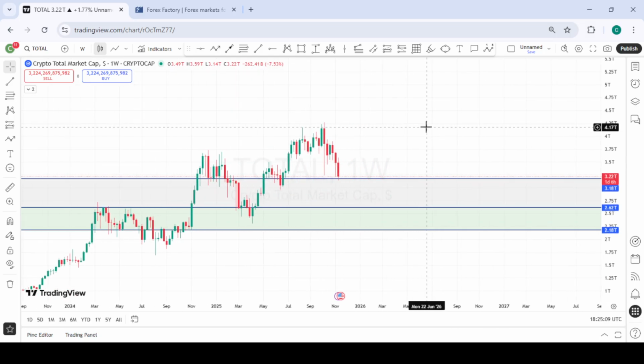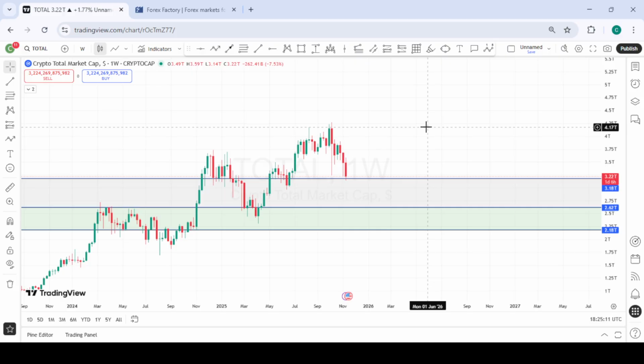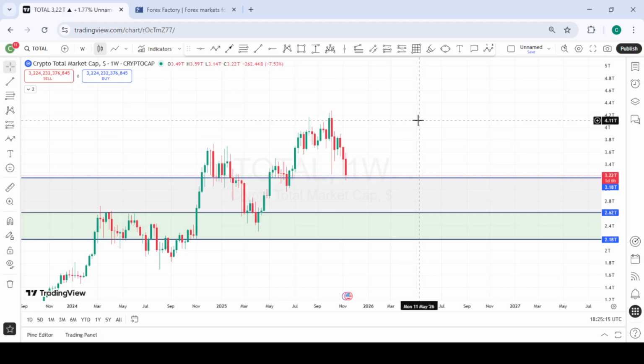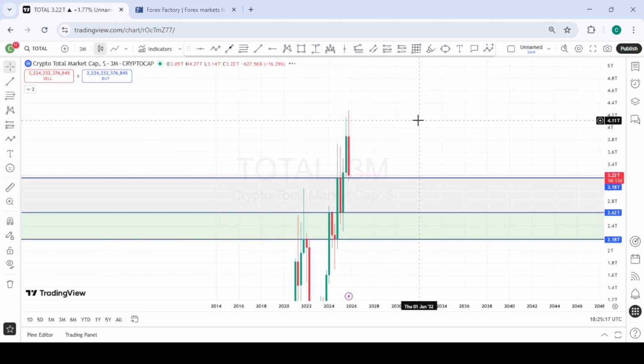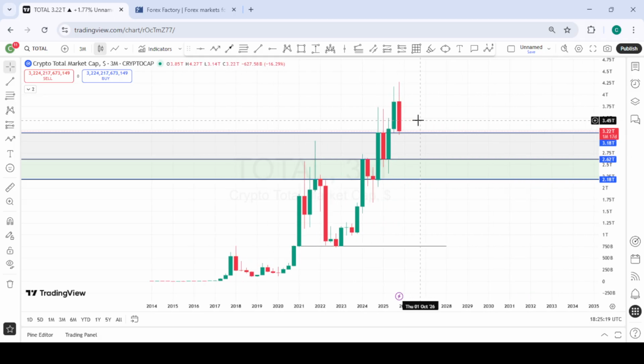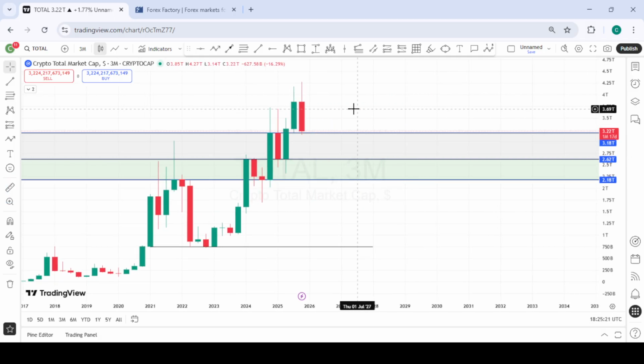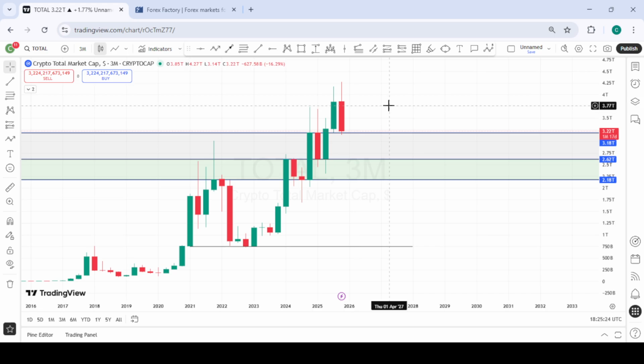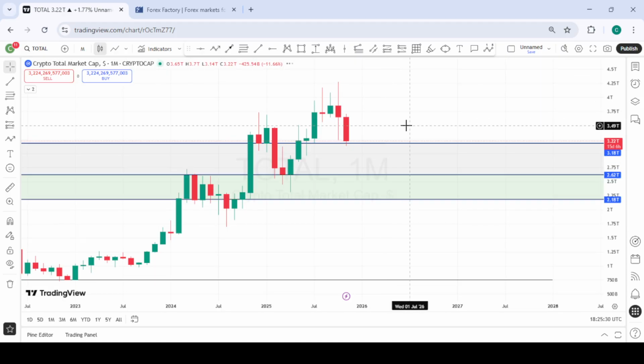As we can see, if we go to the 3 months perspective, we are still bullish on the 3 months time frame, on the 6 months time frame, on the monthly time frame. I think we are still bullish on the monthly time frame.